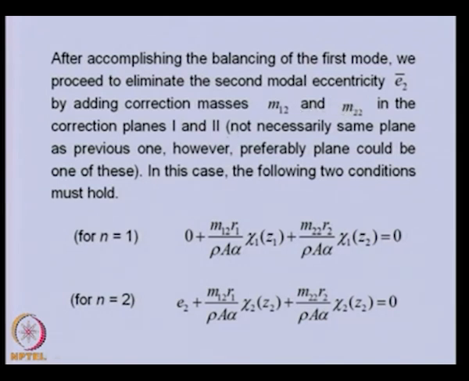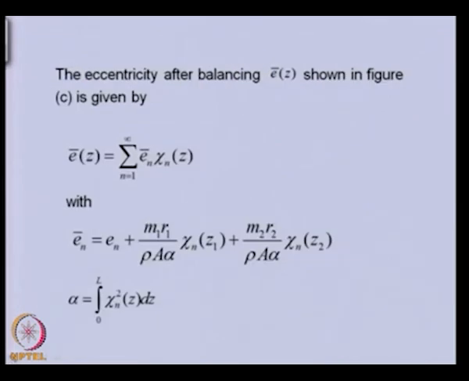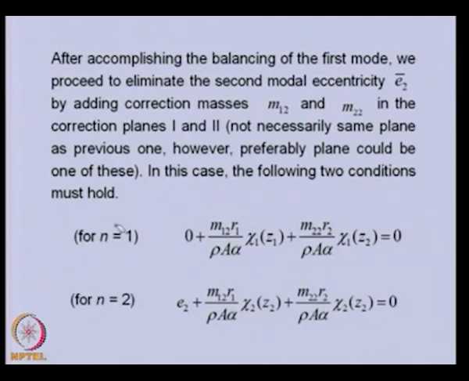Now we will write the same equation, the previous equation, for n is equal to 1 and n is equal to 2, because now we are keeping two masses. When n is equal to 1, we have the same expression.